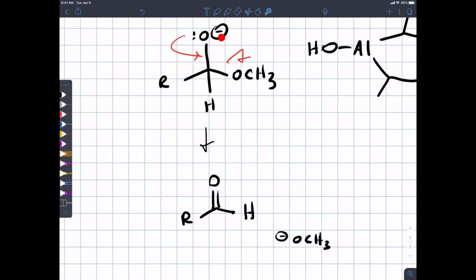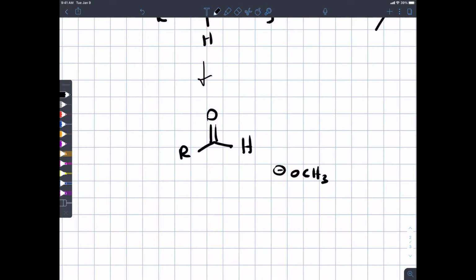If you compare the stability of this molecule versus this molecule, both of them have negatively charged oxygen, so the equilibrium ought to be okay. And the other thing that helps you is that you're in water at this point, so as soon as that negatively charged group comes off, we can protonate that and be done. Okay, good. What else?